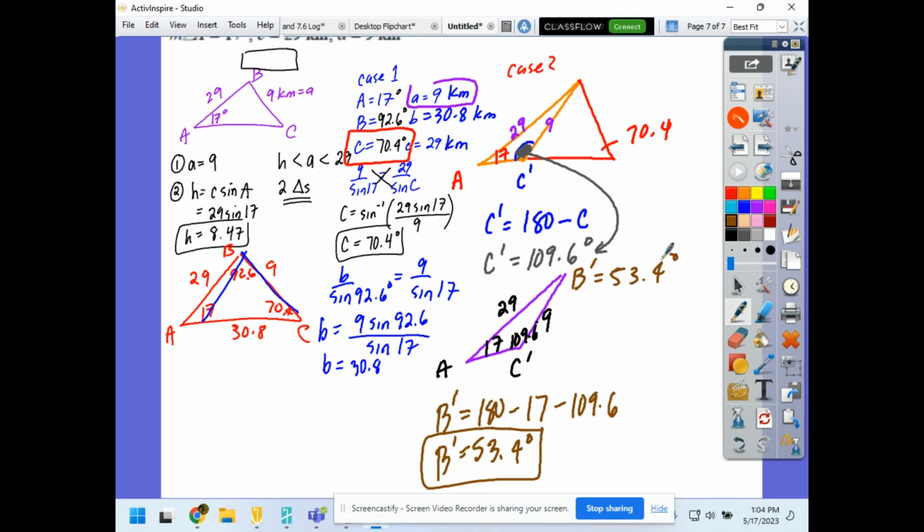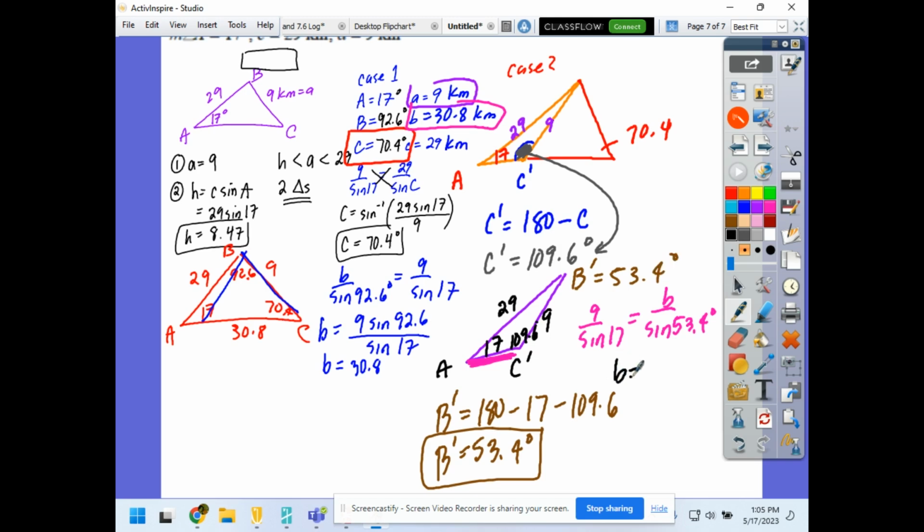And you will need to find the new B because it becomes shorter now. A while ago, B was the longest one. Now it'll be shorter. You're going to use law of sine again. So it will be 9 over sine 17 equals B over sine of 53.4 degrees. So cross multiply that one.